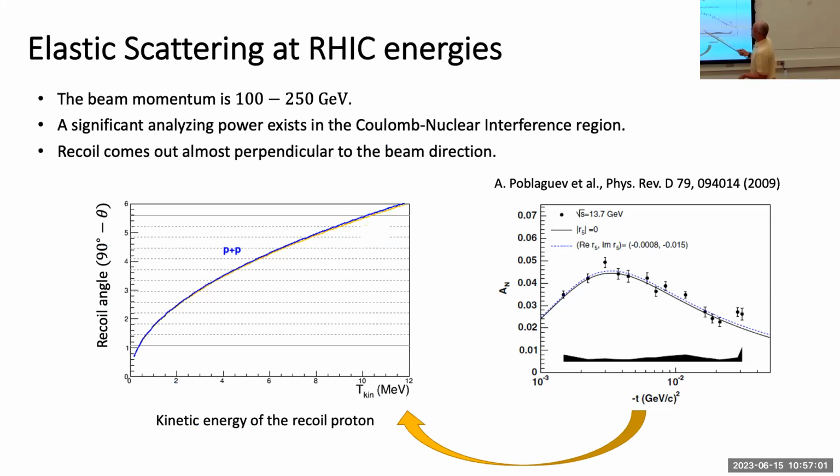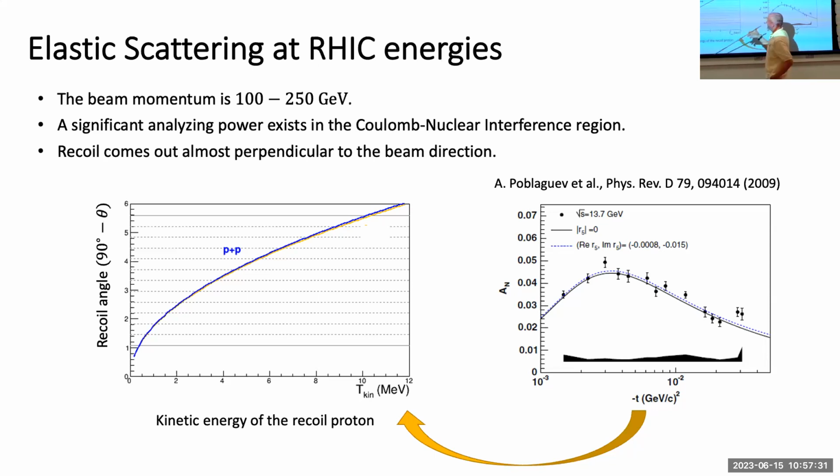Okay, and then before we move on to the RHIC case, I mentioned this kinematic correlation. So this really is at RHIC energies, where you have a 100 GeV beam or 250 GeV beam and you have a fixed target, and you want to measure elastic scattering, which in itself I still find fascinating every time I look at this. You have this high energy beam and you look at elastic scattering.